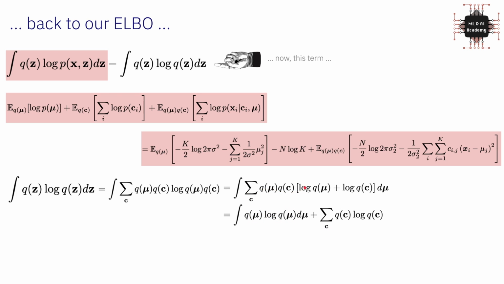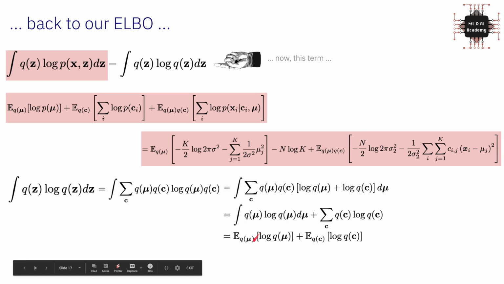Just do this multiplication. So you'll get q of mu q of c log q of mu. And now notice that log of q of mu can go out of the sum over q of c, because it's kind of like a constant with respect to it. And there's a summation over q of c, which will make it 1. And that's why you end up with this equation. Similarly here, the integral of q of mu will make it 1. And that's why you end up with this equation.